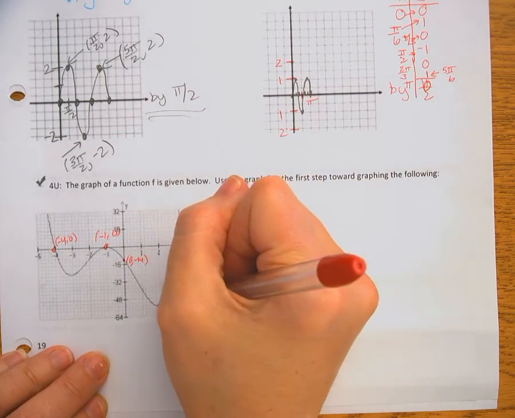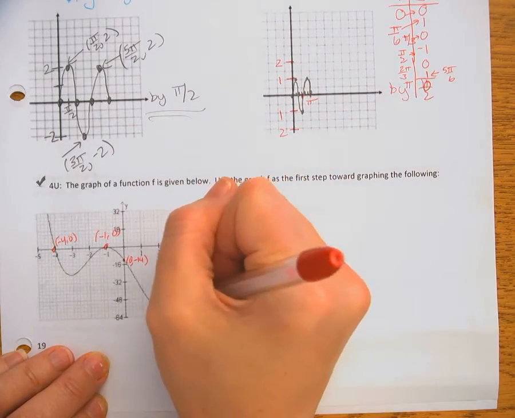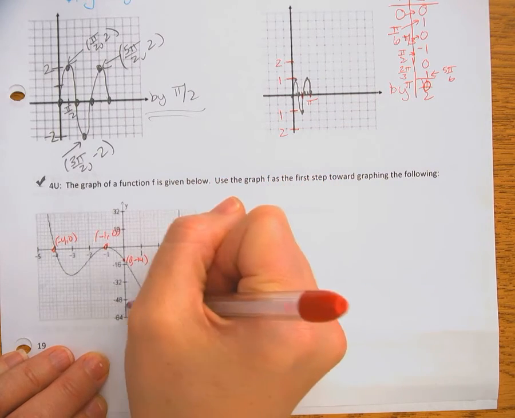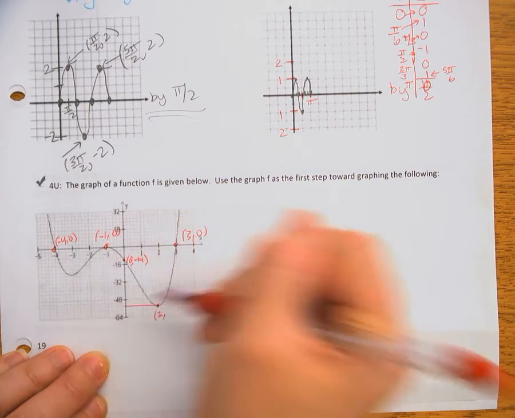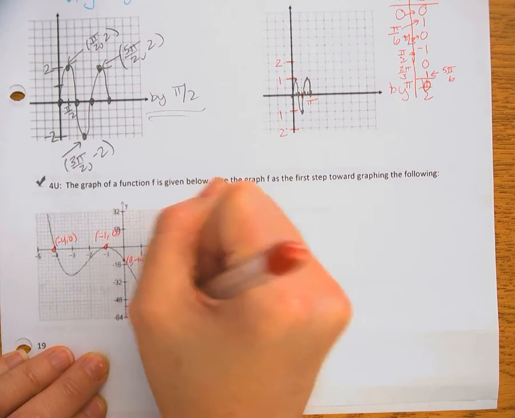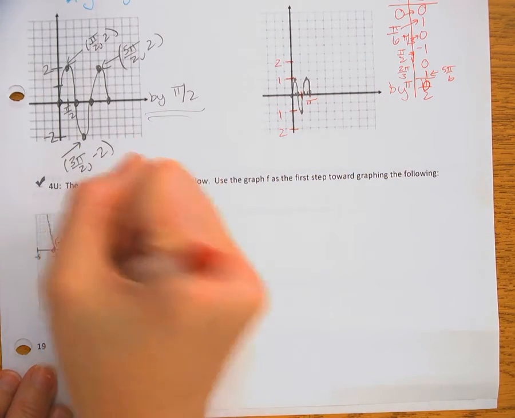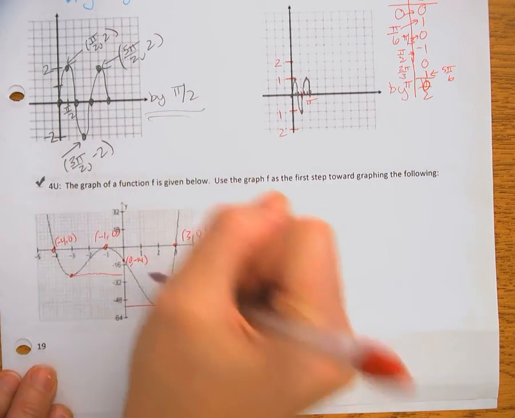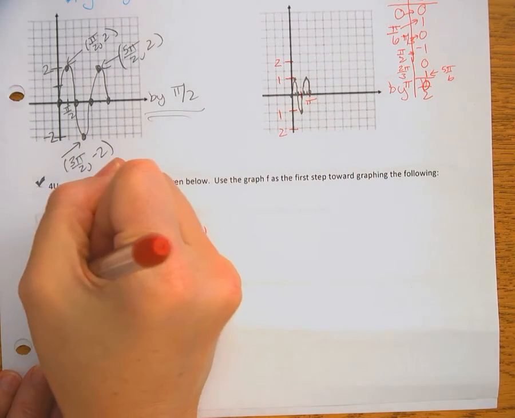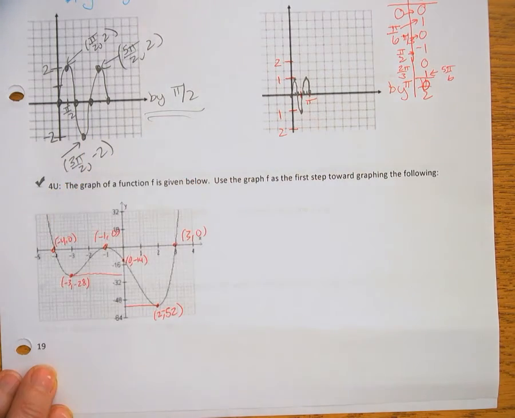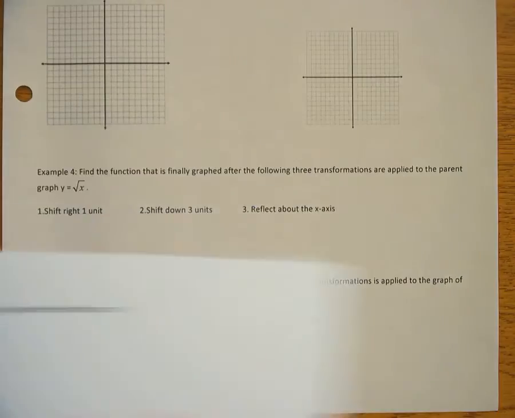And then we could guesstimate where that is. It looks like it's at 2, -52. And then this one would be at -3, -28. So those are just some standout points that we can use when we're shifting the graph around. So hopefully you identified some points and were able to shift them.